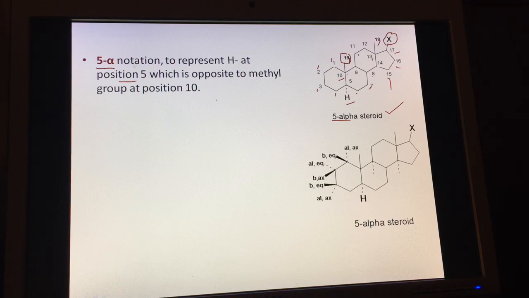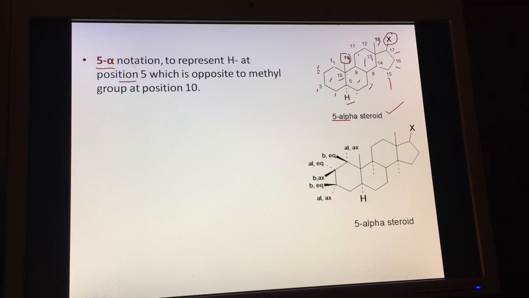Now the second point is that you can see these rings, ring A, ring B and ring C, are cyclohexane ring systems, and so like cyclohexane, they can be represented in a chair conformation. However, in the case of cyclohexane, the conformation can change; it can flip from chair to boat.